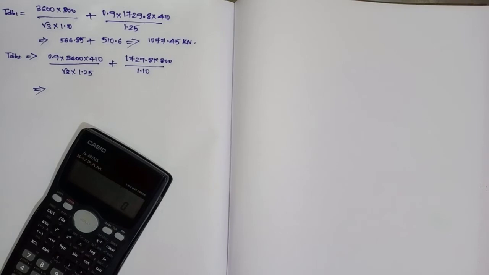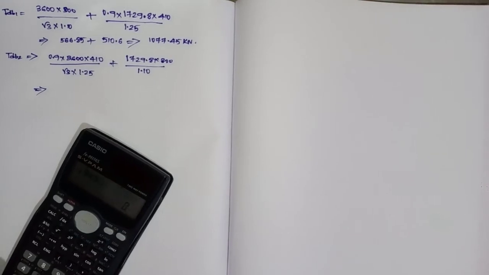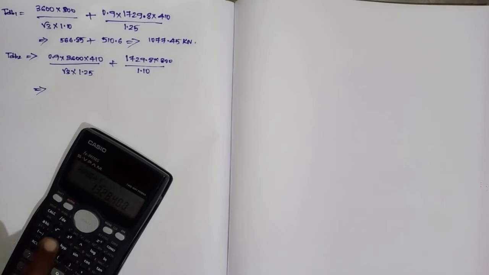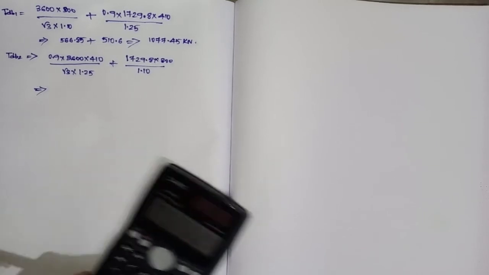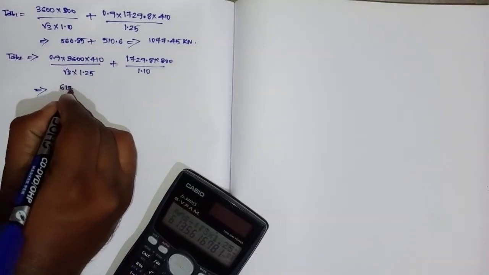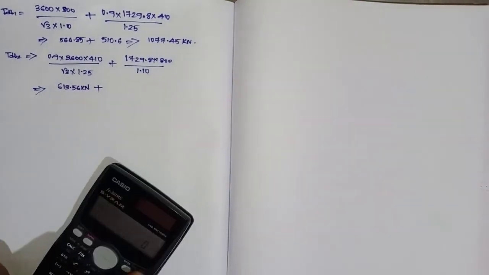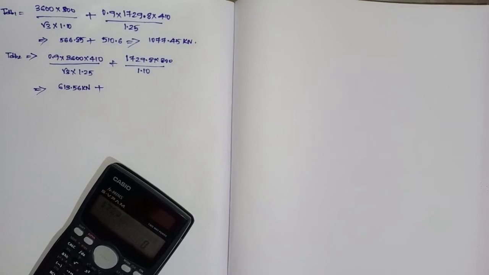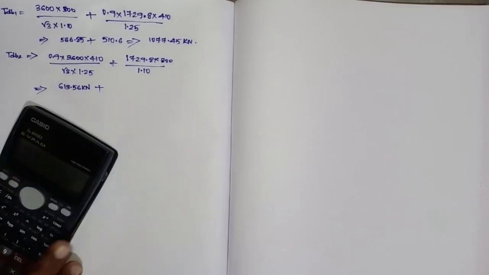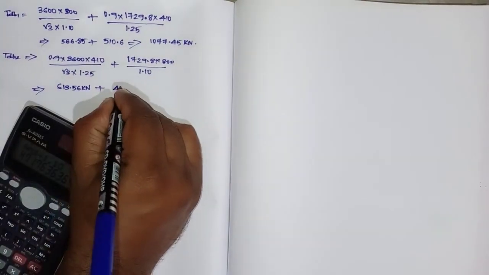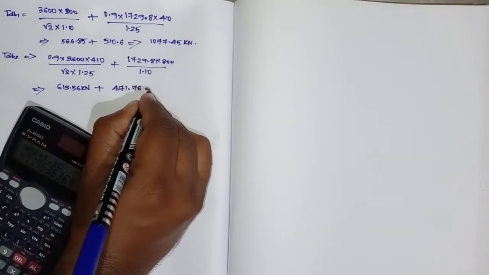So 0.9 into 3600 into 410 divided by root 3 into 1.25, so it is 613.56 kilonewtons plus 1729.8 into 300 divided by 1.10, so 471.76.